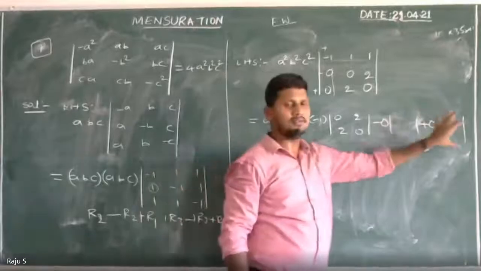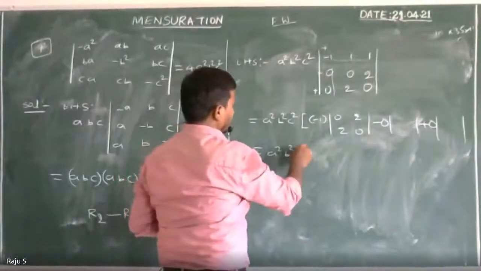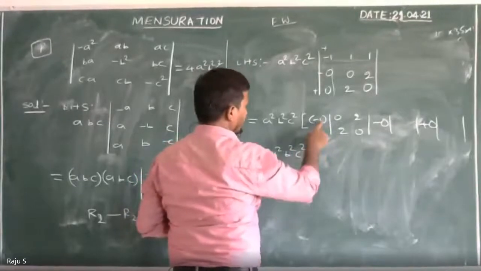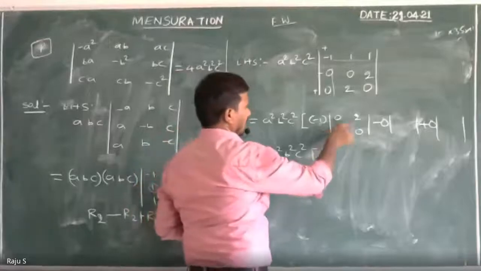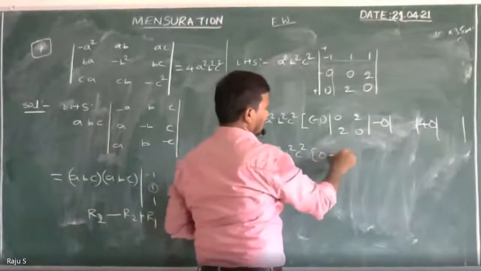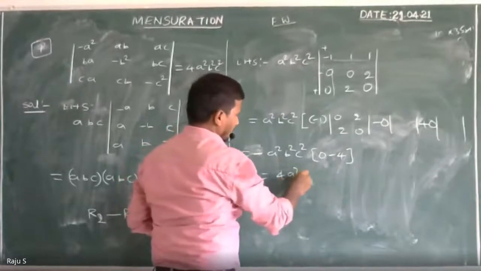So no need to write these. Finally, a square, b square, c square, times minus 1 into the minor. Now ad minus bc is 0 minus 4. So finally minus into minus gives plus 4 a square, b square, c square.